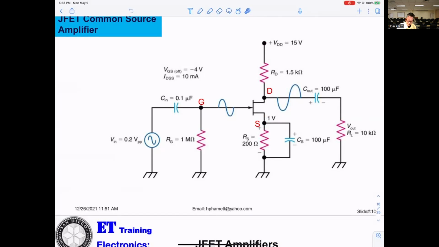So on this one, at the gate you don't have any voltage, so it will be self bias.